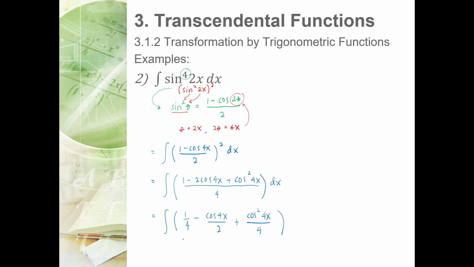You can just apply the formula-based equations. But for the third term, we still have to do another cycle of case number 2. So again, theta is 4x. So 2 theta is 8x. Then we have to apply the formula.